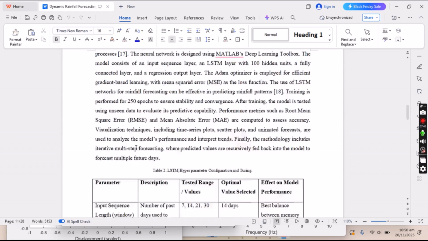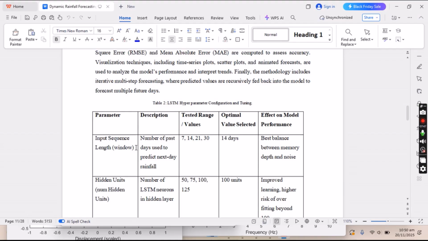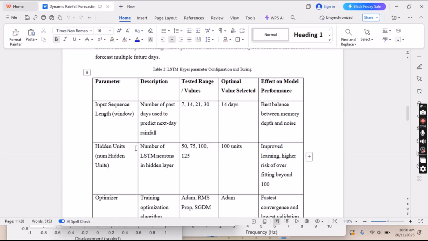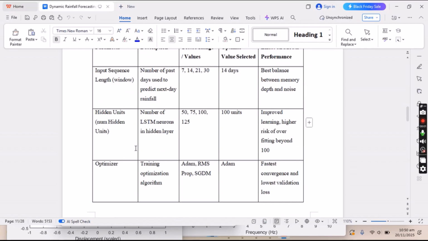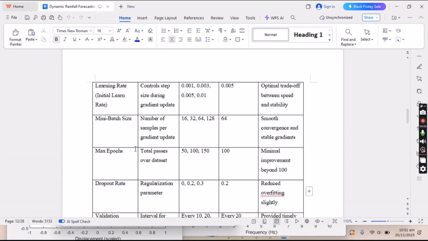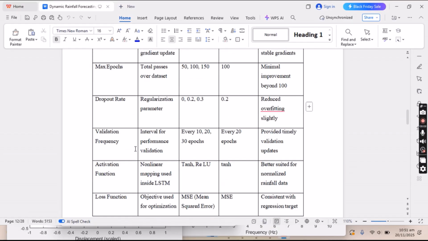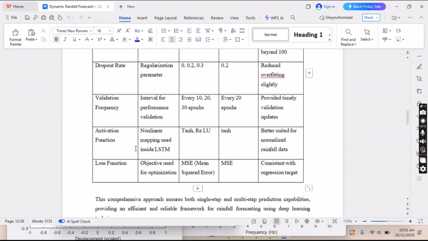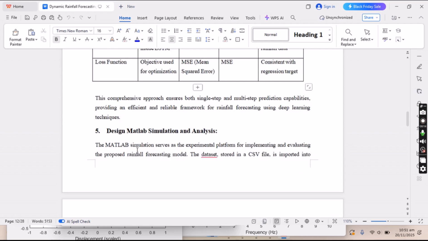The details of the methodology are added here, and a table of hyperparameter configuration and tuning is also added, which is basically input sequence length as well as hidden units, optimizer, learning rate, mini batch size, max epochs, dropout rate, validation frequency, activation function, and loss function as well.